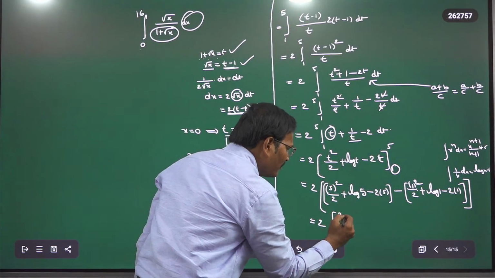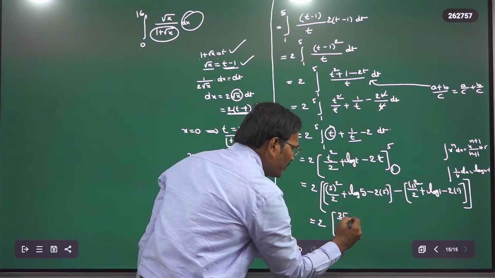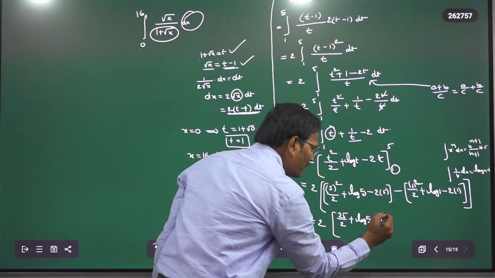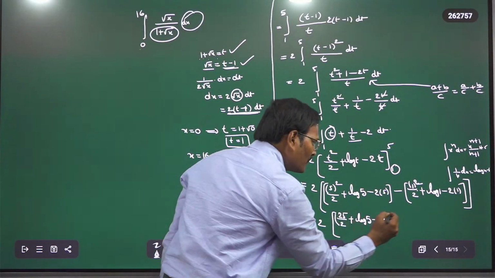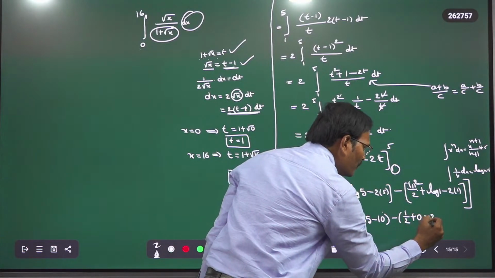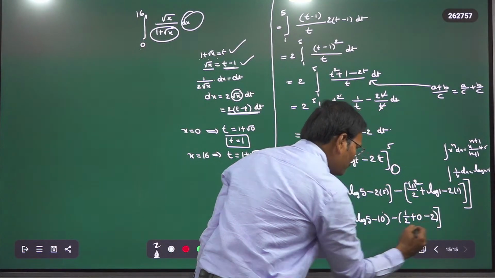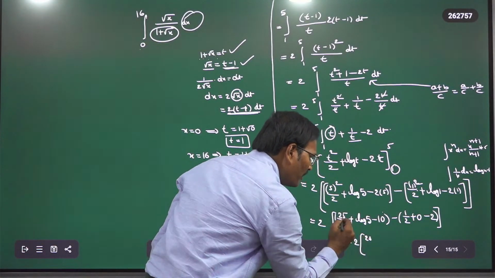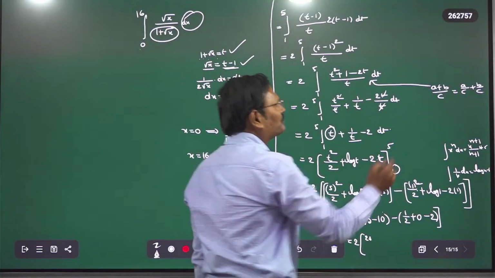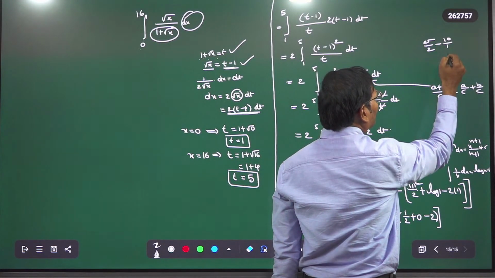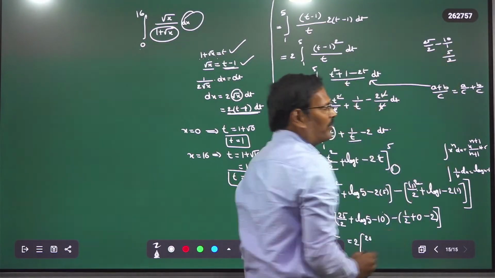So 5 square means 25, 25 by 2 plus log 5 minus 10, minus 1 by 2, log 1 is equal to 0, 2 into 1 means 2. 25 by 2 minus 10 means it is 5 by 2.